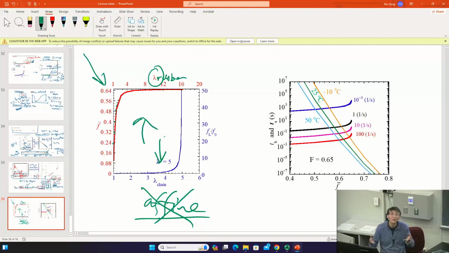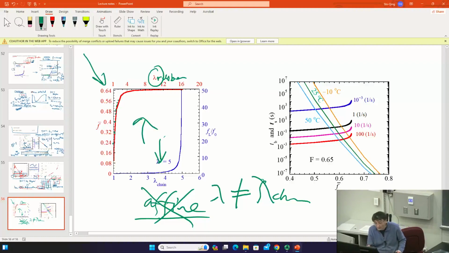Because in both cases, I'm talking about the tension of a chain. And in both cases, your lambda is not your chain lambda. In some sense. In any case, the rest of the story, watch.